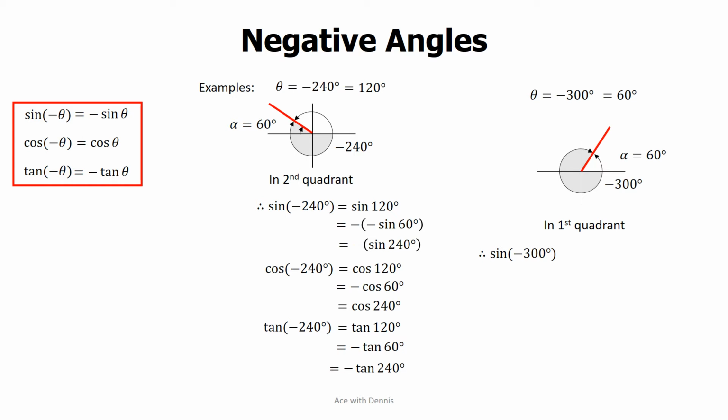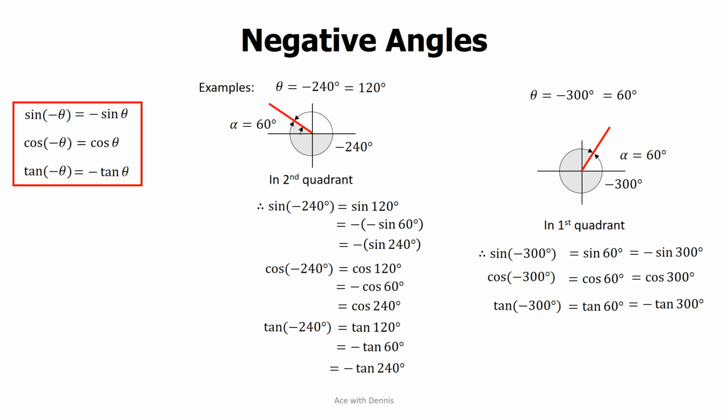Therefore, sine negative 300 degrees equals sine 60 degrees, or it is equal to negative sine 300 degrees. For cosine negative 300 degrees, it equals cosine 60 degrees, which also equals cosine 300 degrees. For tangent negative 300 degrees, it is equal to tangent 60 degrees, or it is equal to negative tangent 300 degrees.